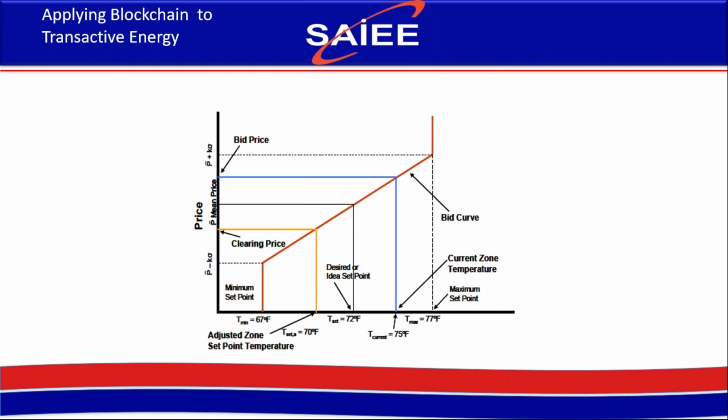Here is a typical graph for an HVAC system. You have a desired set point, which is 72, and between your set point the minimum is 67 and the maximum is 77. That means any temperature there is allowed. So you are at 72, you get a signal that somebody needs power, and you can move to another temperature.